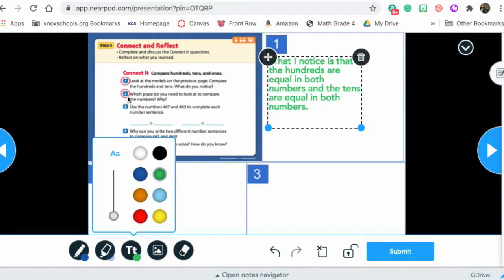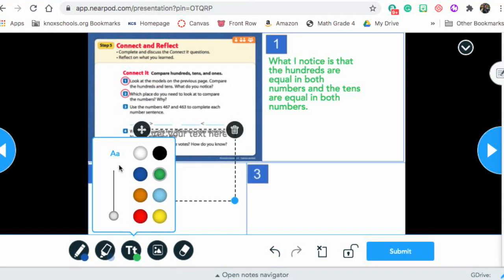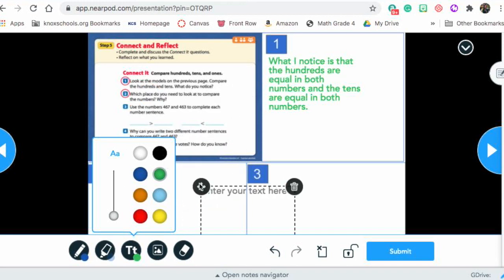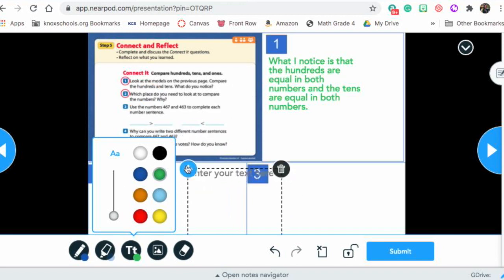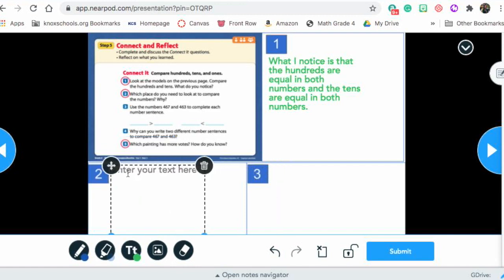And my next one says, which place do you need to look at to compare the numbers and why? Well, do you remember when we were comparing, what place was it that we actually were able to compare those numbers in? It was the ones place. Why did we need to compare them in the ones place? We needed to compare them in the ones place because the other place values had been equal to each other.